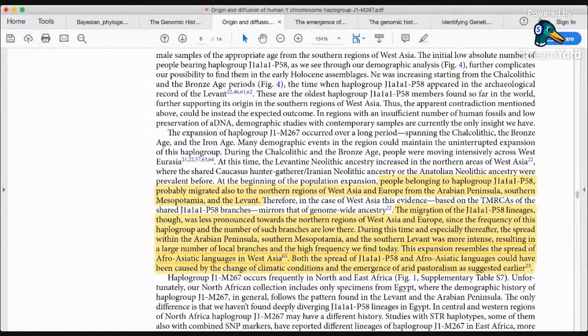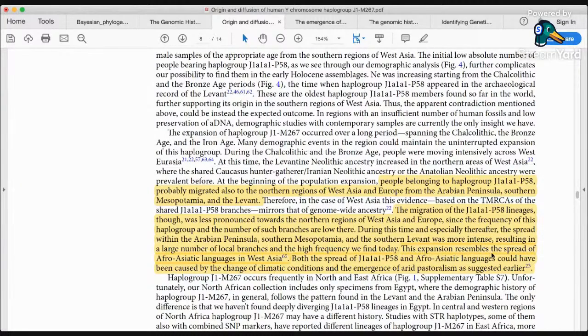The migration of the J1 A1 dash page 58 lineages, though, was less pronounced towards the northern regions of West Asia and Europe, since the frequency of this haplogroup and the number of such branches are low there. During this time, and especially thereafter, the spread within the Arabian Peninsula, southern Mesopotamia, and the southern Levant was more intense, resulting in a large number of local branches and the high frequency we find today.